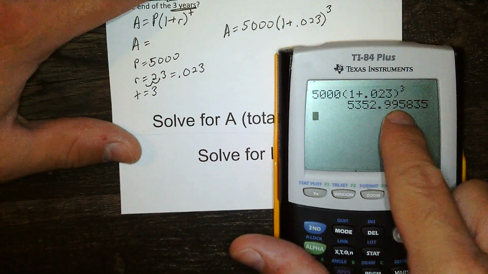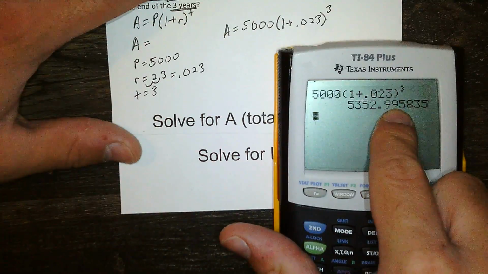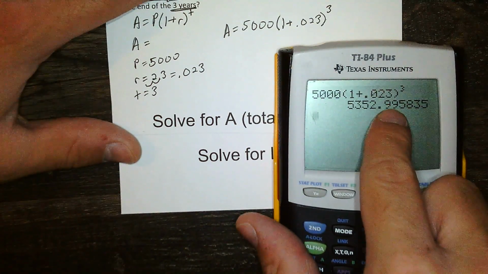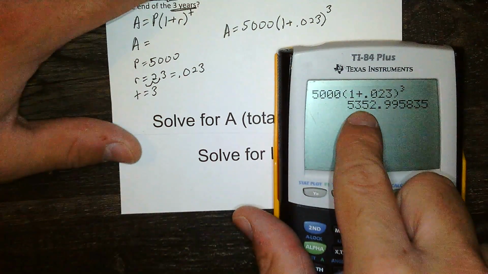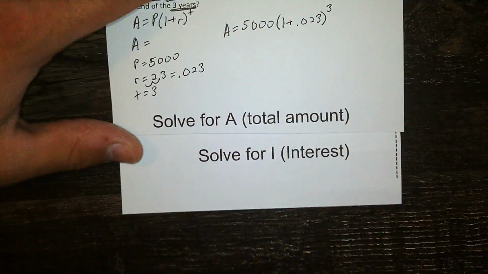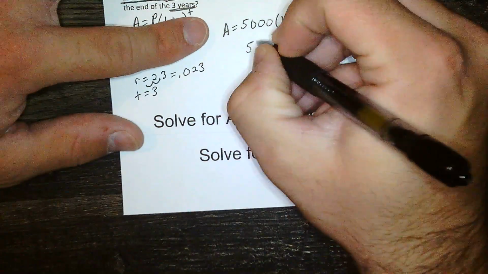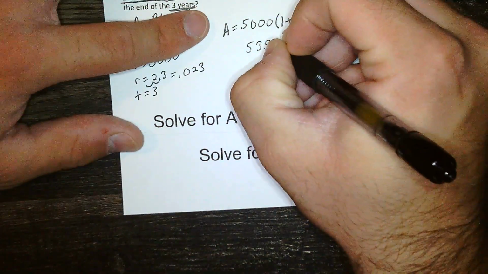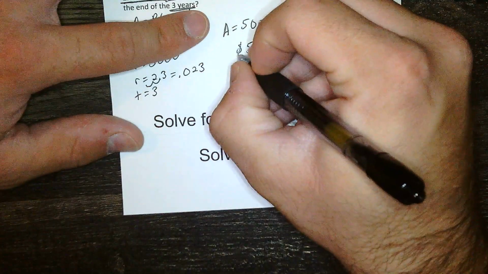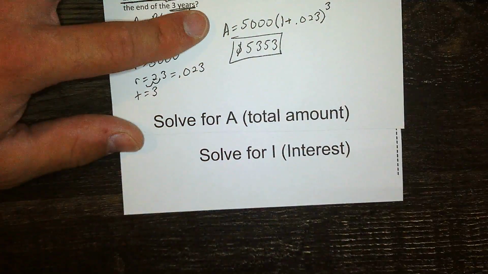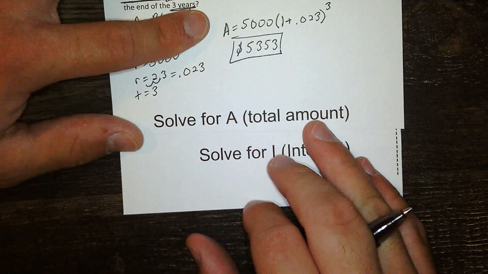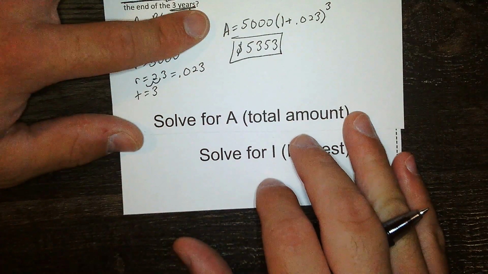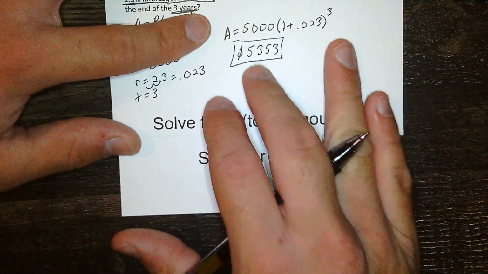Well, that 5 rounds that 9 up, which rounds it up to 5,353. Now in this case, I would have accepted 5,352.99. I think that's close enough, but this is the answer I would prefer to see.